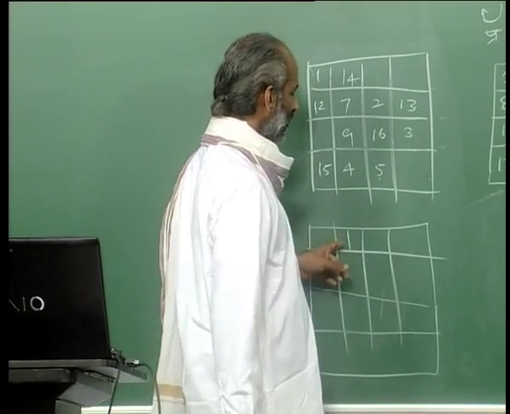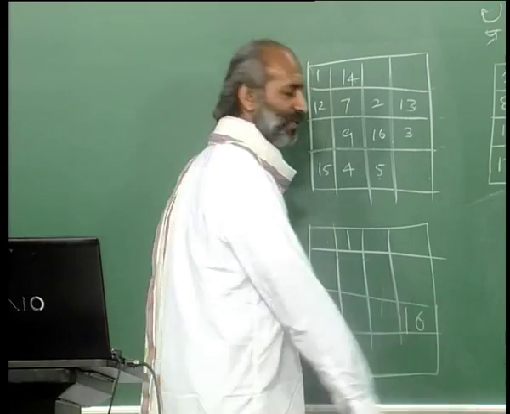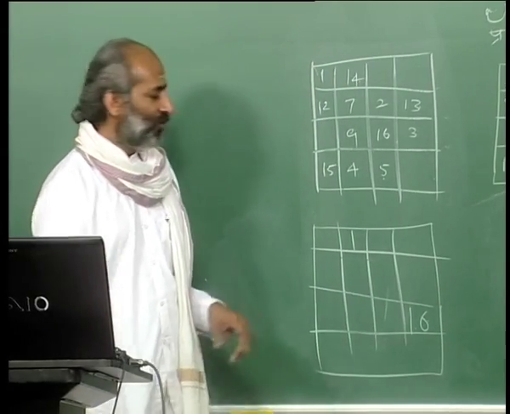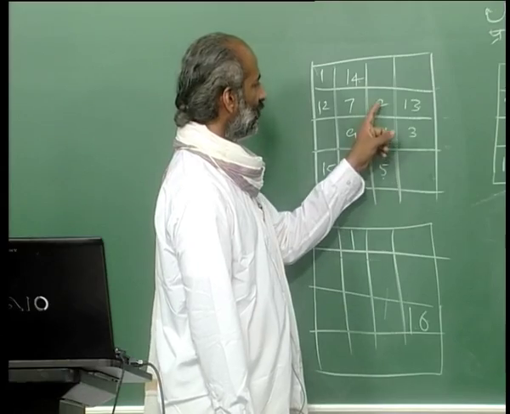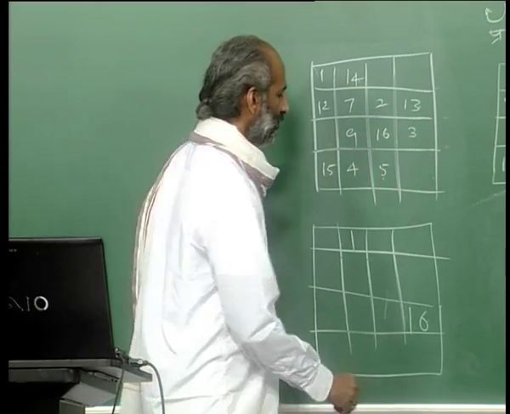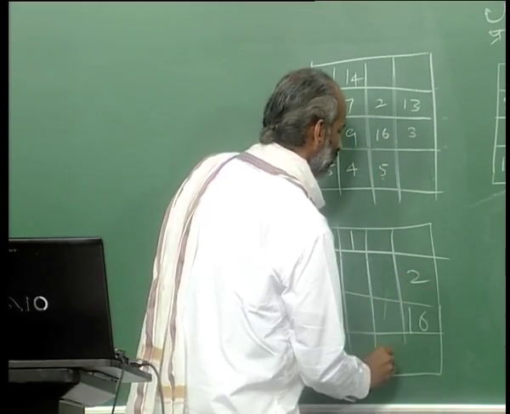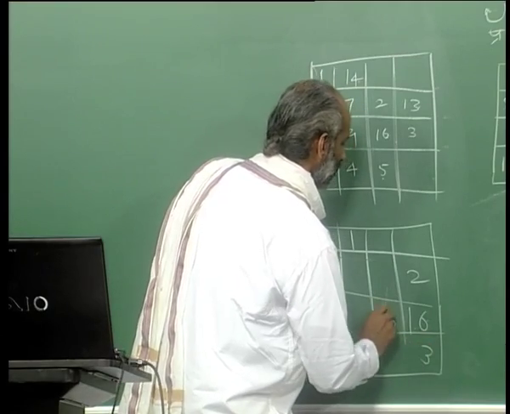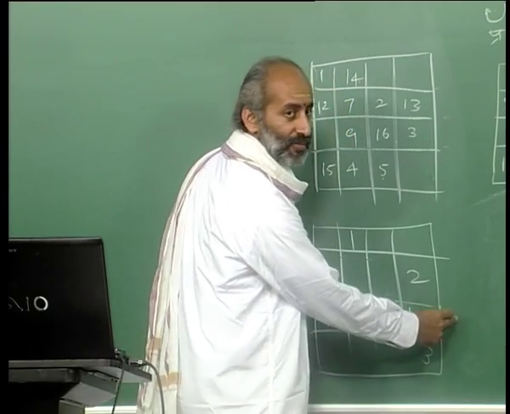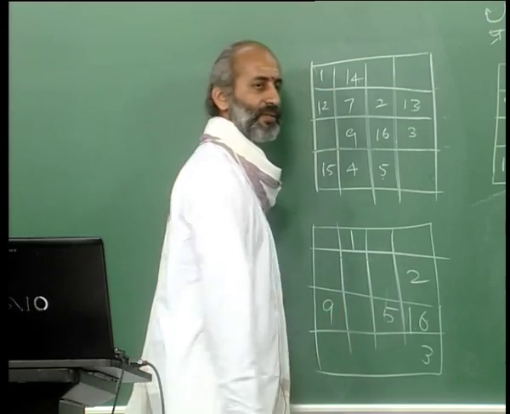So, if you place your 1 here, 16 will get fixed here. Now this neighborhood, 2, 3, 5 and 9, you can place it any way. So, it moves here, it will be mapped here.